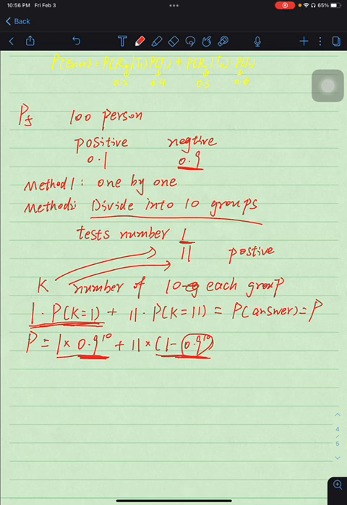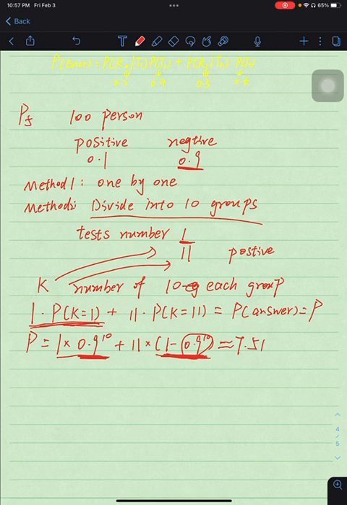So we don't know. We just know not all 10 people are negative. So we use one minus this, and we get the answer.